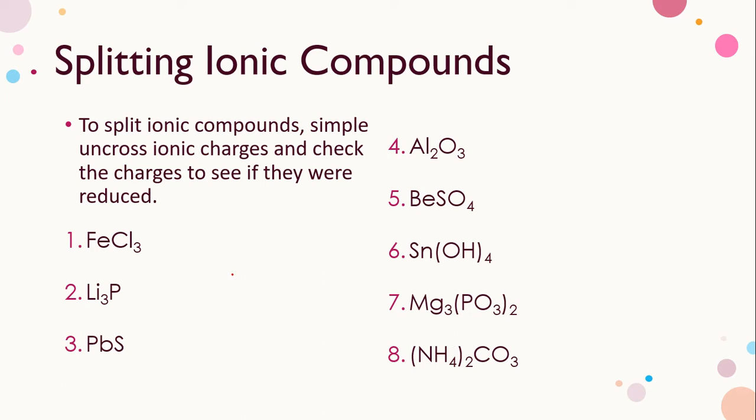Now with this chapter, we also have to learn how to split them apart in order to figure out their charges. And this is going to become super important in the solutions chapter. So let's go ahead and get to working on this. First and foremost, if it is a number that's attached to a polyatomic, we absolutely cannot touch it.